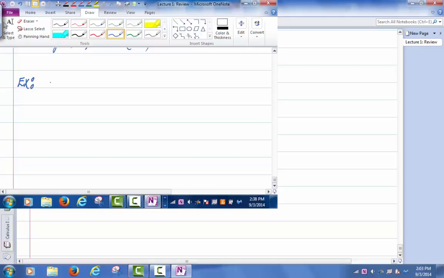Suppose that I have this equation, x squared plus 2x plus y squared minus 4y equals to, let's say, 3. Okay.